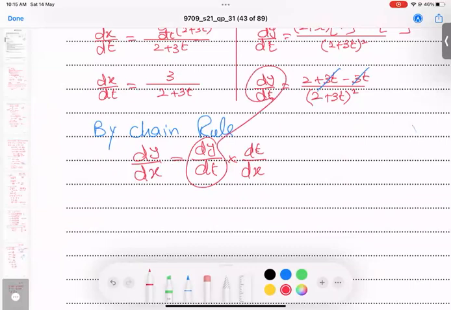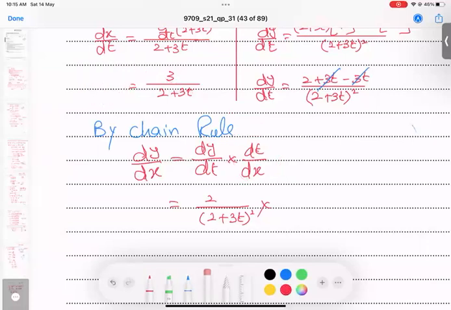dy by dt is the same, so I will copy that value here, 2 by (2 plus 3t) whole squared. But this is not the same. This is a reciprocal. So x up, t down. I repeat, x up, t down, t up, x down. So I flip it.